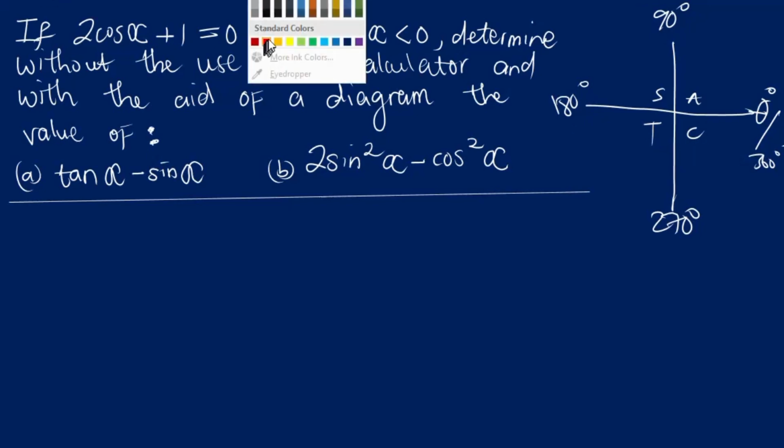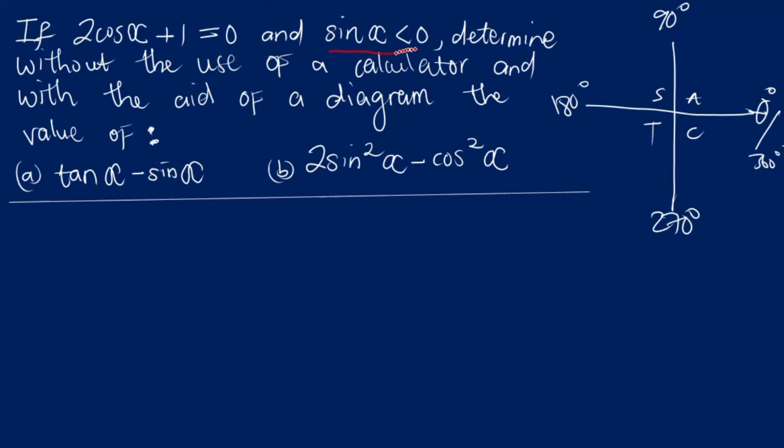And then what else did they give us? Let me use a red pen here. Look at this. This time they didn't give us an interval. They just gave us this thing here with a less than sign. When it says the sine of alpha is less than 0, when people say something like less than 0, any number that is less than 0, we are saying the number is negative. So they are saying here that the sine of alpha is negative.